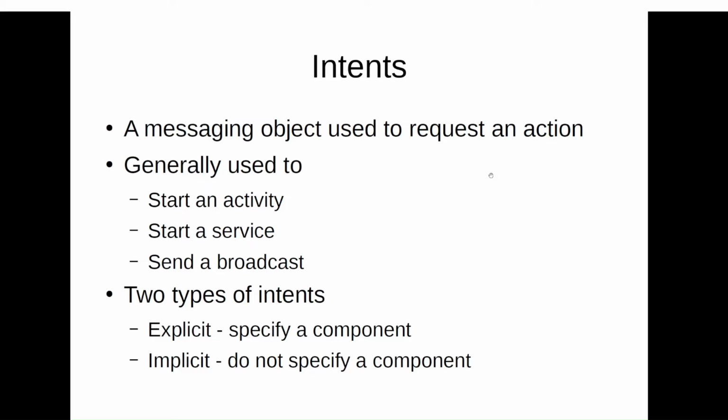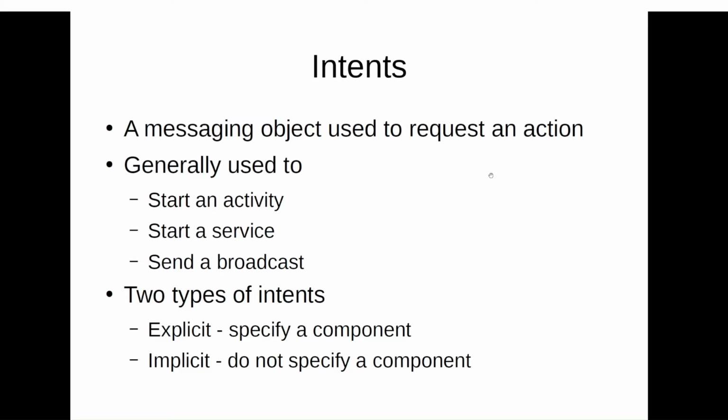An implicit intent is one where a component is not named, i.e., we do not specify a target. Instead, we simply specify characteristics of an action that we would like to be performed, and we leave it to the operating system and or the user to determine which component should perform that action for us.